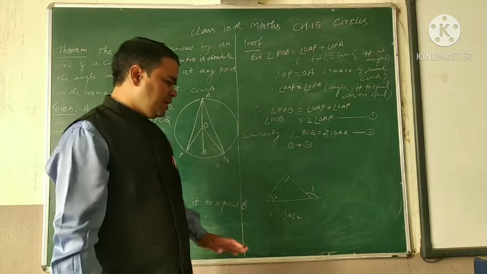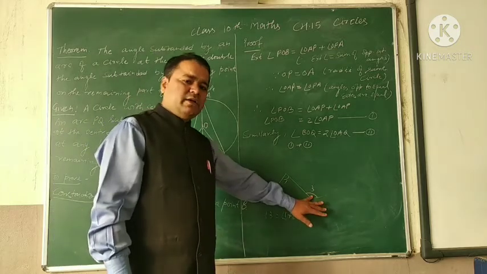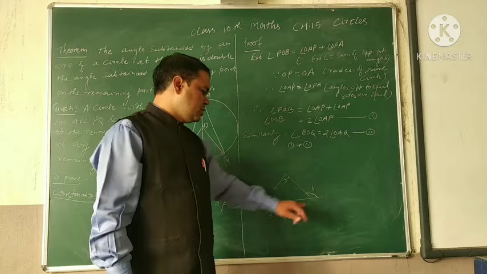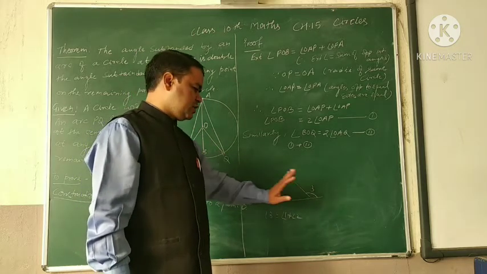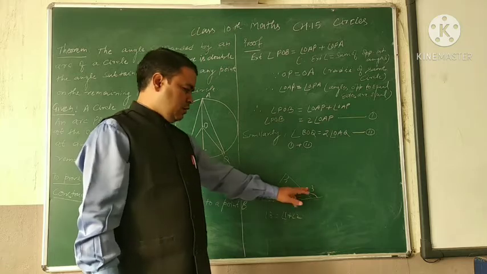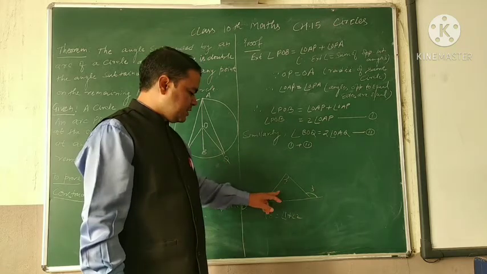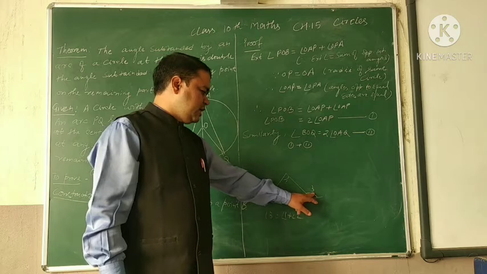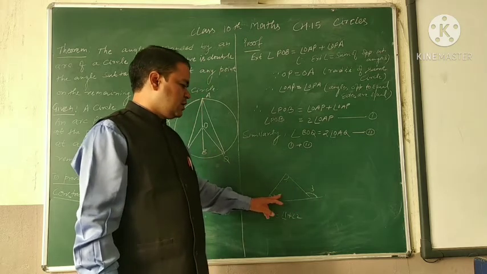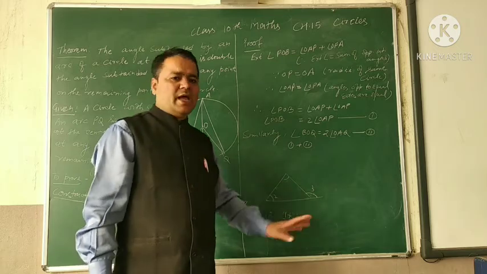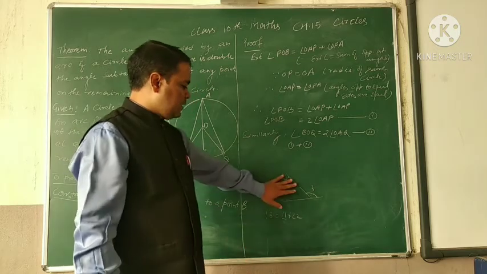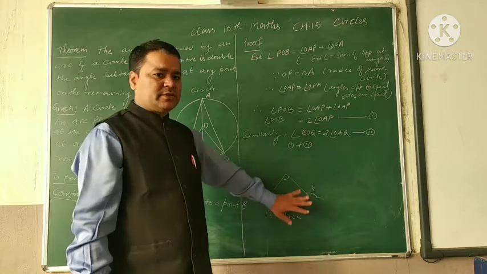I will write: the exterior angle of any triangle is equal to the sum of the opposite interior angles. Angle 3 is equal to angle 1 plus angle 2. If we have angle Z and here x and y, then Z is equal to x plus y. Exterior angle is equal to the sum of the opposite interior angles. Okay, here I am going to use this concept.